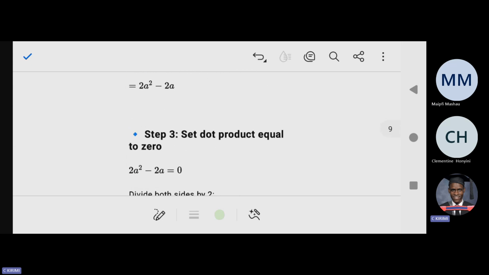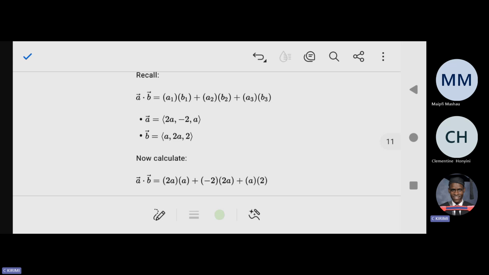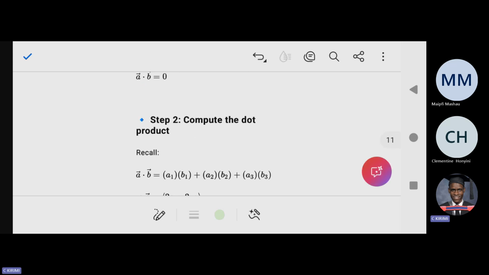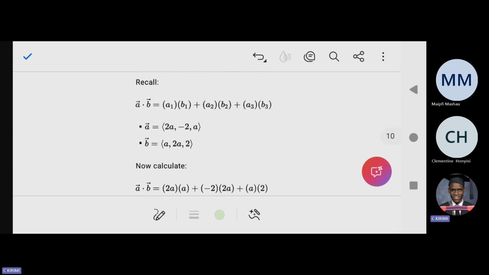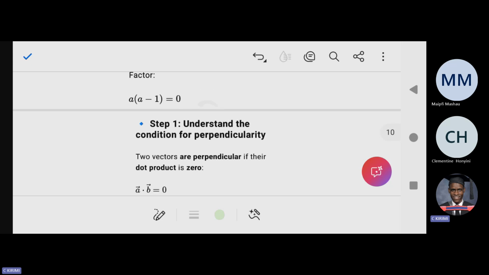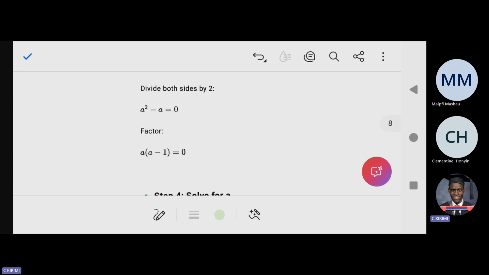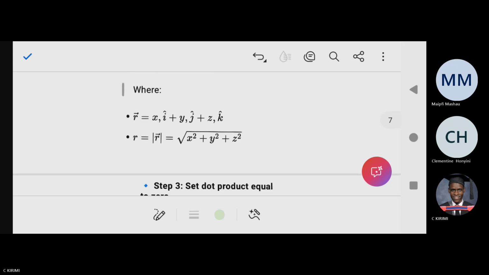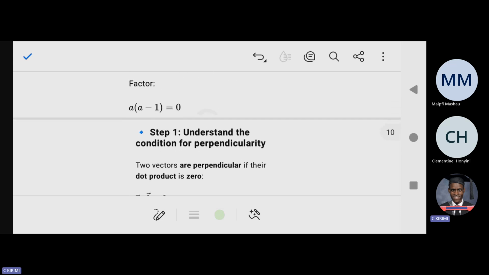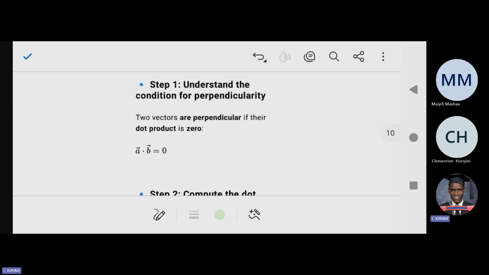This is number 6, the first one. We are talking of the dot product, which means the two vectors are perpendicular if their dot product is 0.